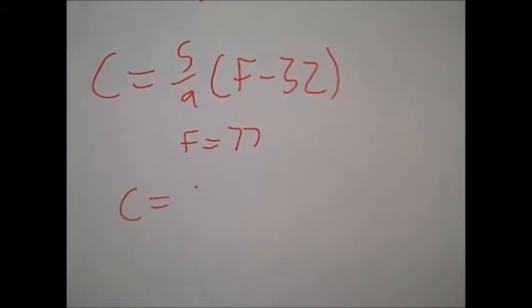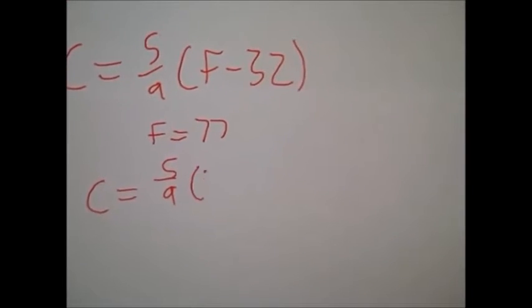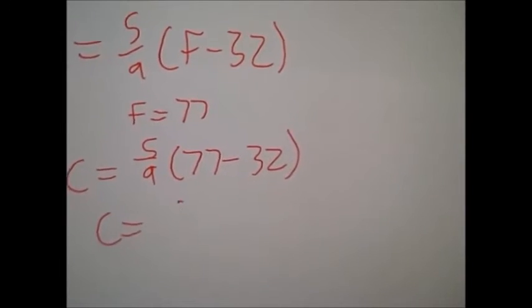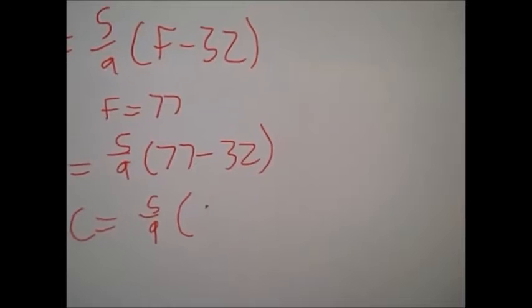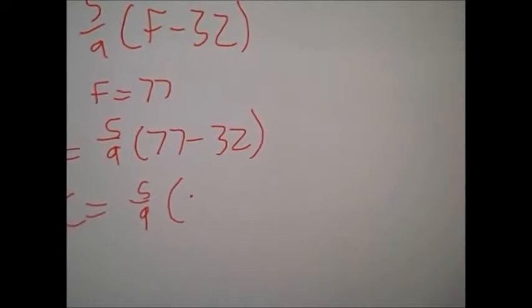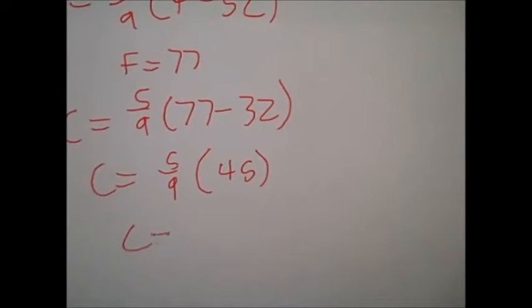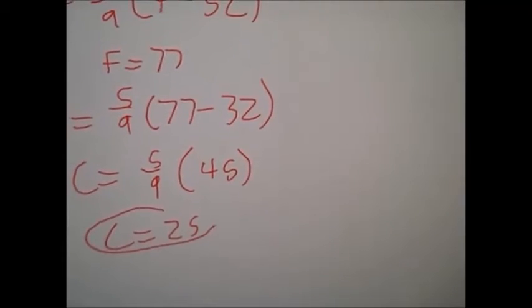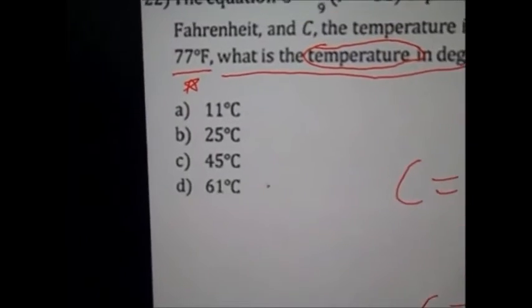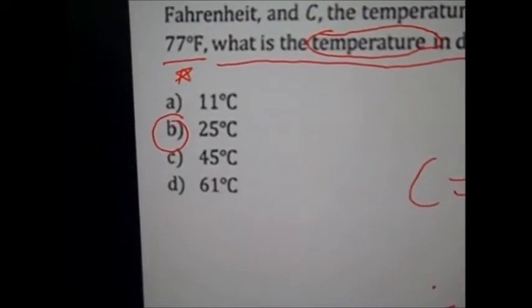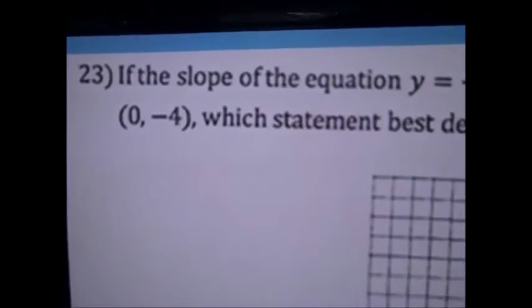Then I'll find C by putting in 77 in place of F. Okay, 25. 25 degrees Celsius. Answer choice B.